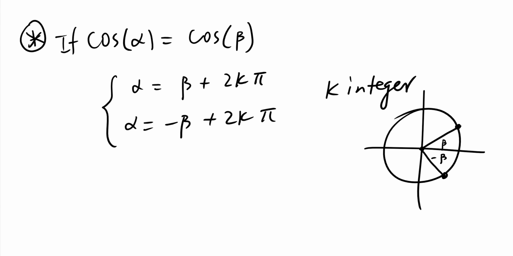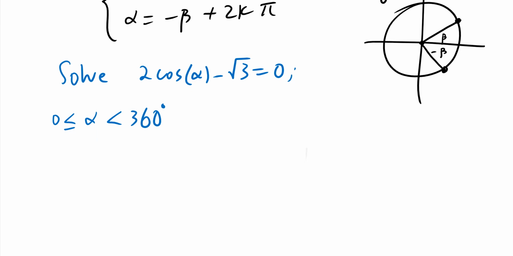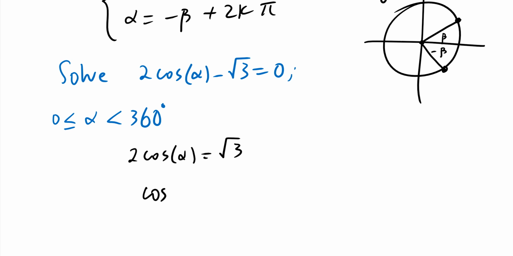So let's look at an example. What if we are asked to solve 2 cosine alpha minus root 3 equals 0, where alpha is from 0 to 360 degrees. When they give you 360 degrees, it means they want the answer in degrees, not in radians. So what do we do here? We add square root of 3 to both sides, then divide by 2.